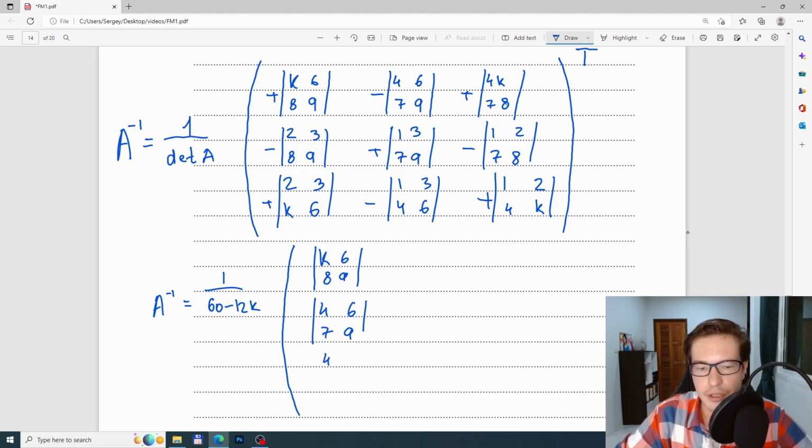Then 4, k, 7, 8. Now the second row becomes the second column, and I got 2, 3, 8, 9. Next one, 1, 3, 7, 9.